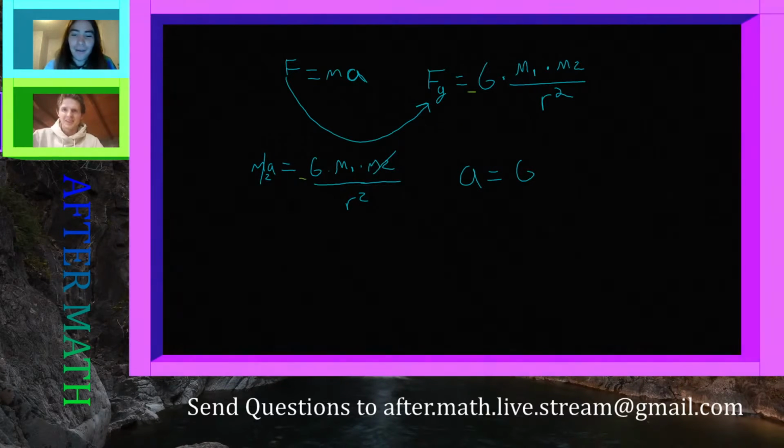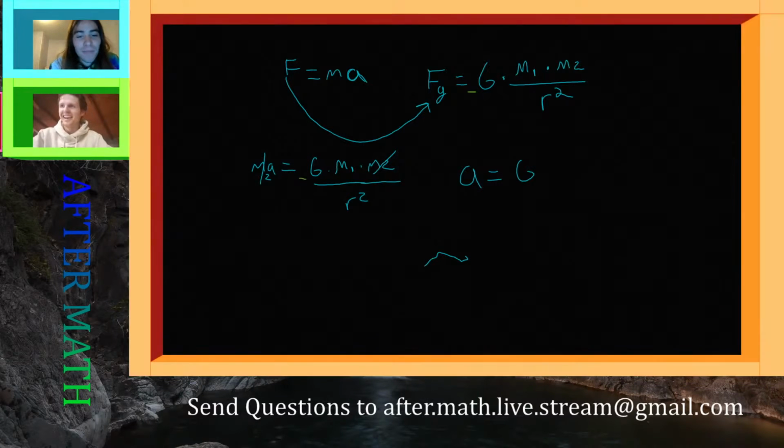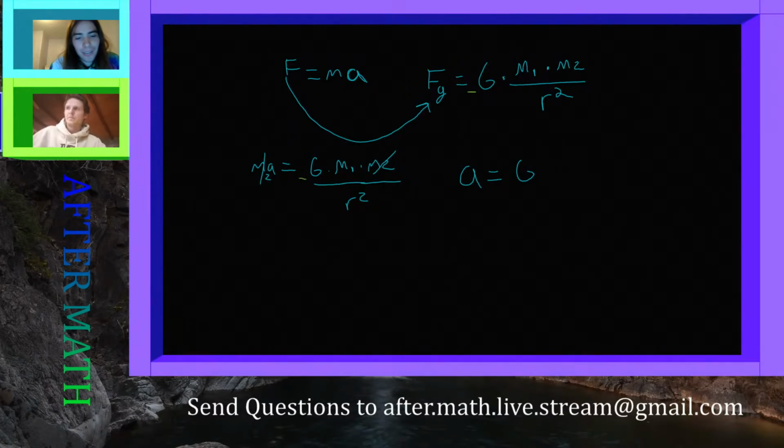Just wave the hand. It's actually something that I know from intuition. If you have something that's being multiplied on both sides, you can cross them out.